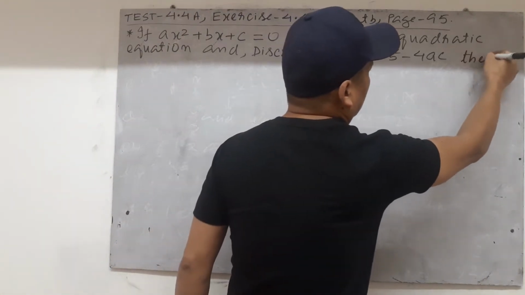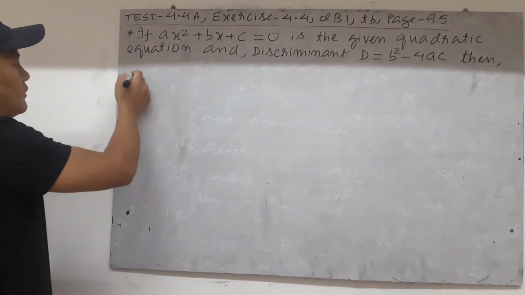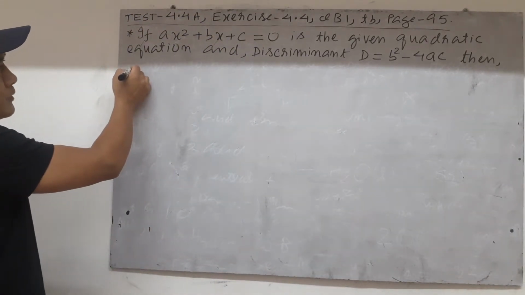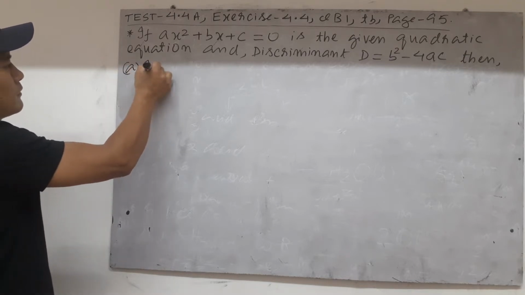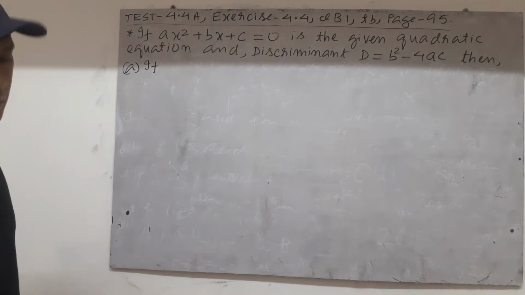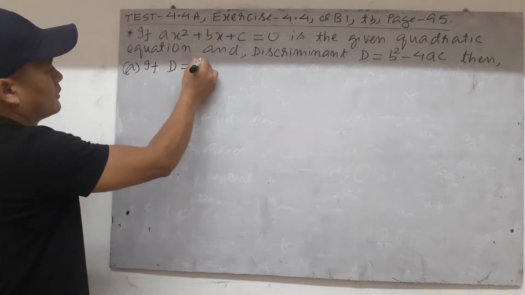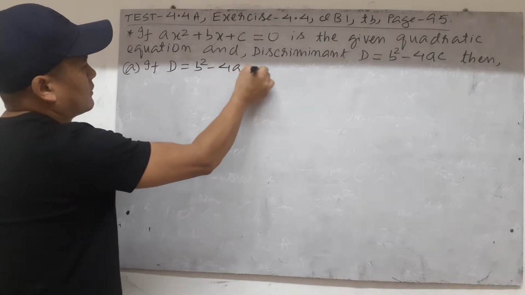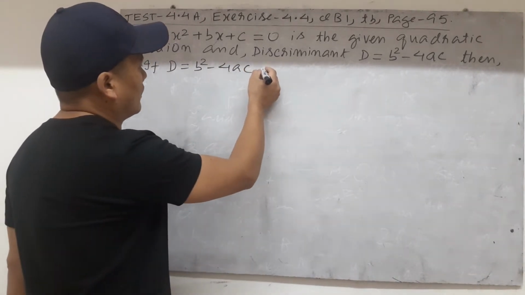Then we can get three conditions. Then we know, number one, A: if this D equal to b squared minus 4ac is equal to 0.